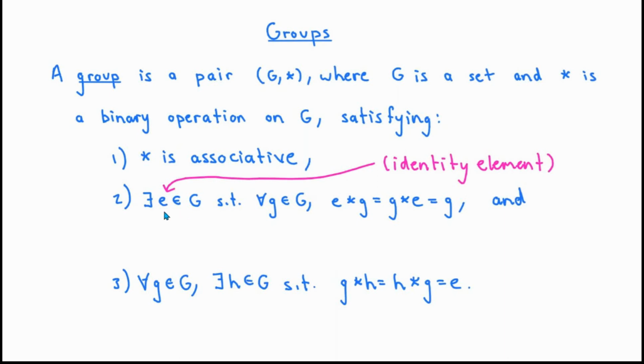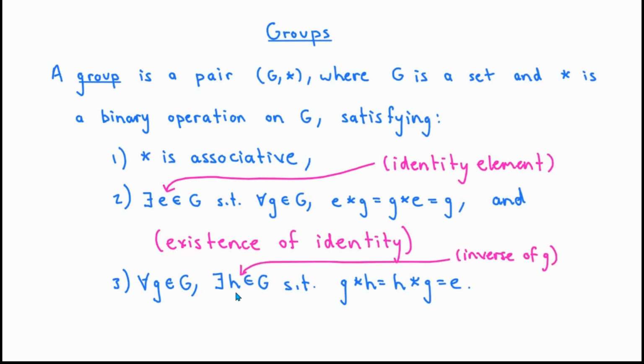But anyway, an identity element is just an element which satisfies the property that when you combine it with any element of the group, either as E star g or as g star E, you don't change the element g. The second property here is also referred to as existence of identity. Now the third property here claims that for any element g in G, I can find an element h in G with the property that when I combine it using my binary operation with g, either as g star h or as h star g, I get back the identity.